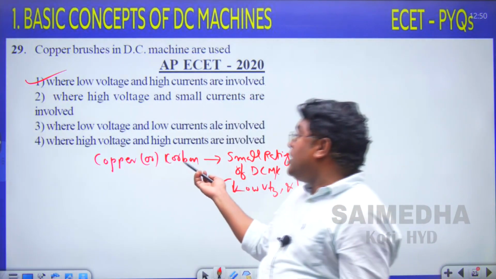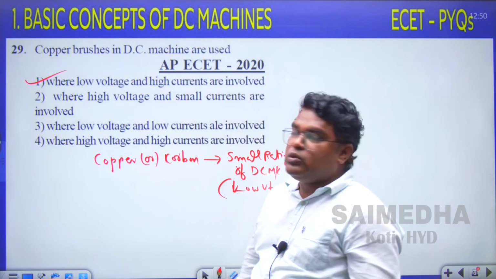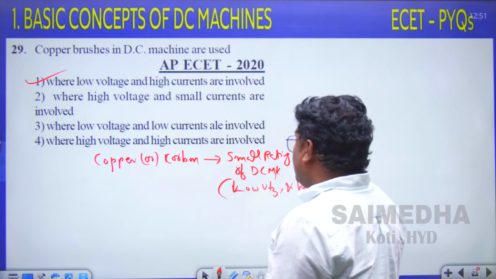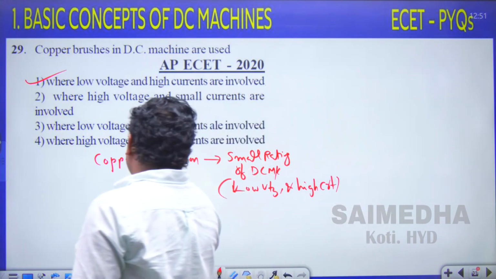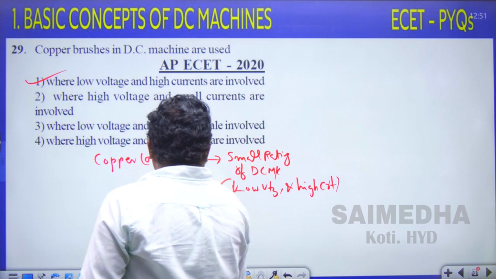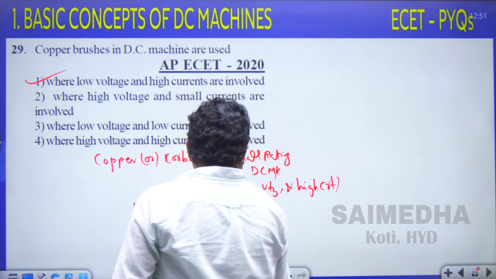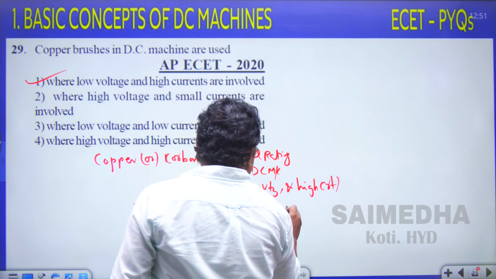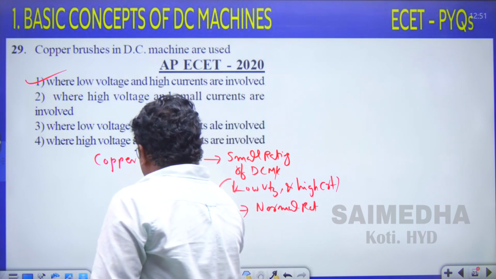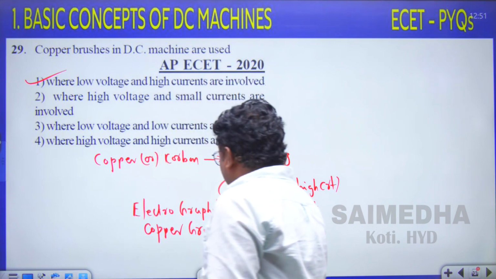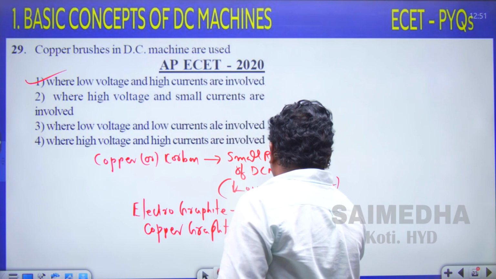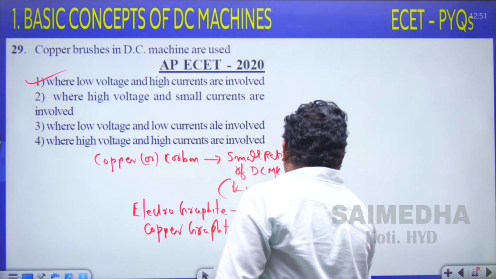But carbon is preferred as compared to copper because of its self-lubricating nature. Also, electrographite brushes are used for the normal rating of the machine, and copper graphite for the large rating of the DC machine.